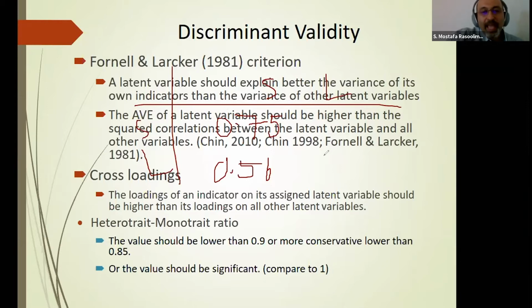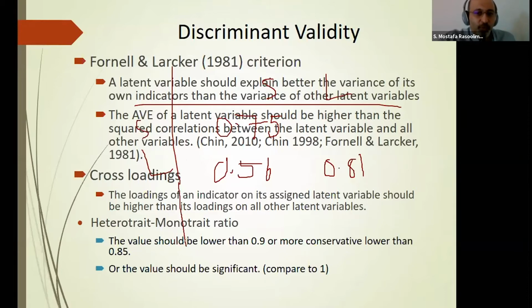And the square root of AVE of loyalty is 0.81. We have to compare the square root of AVE of each construct with the correlation of this construct with other constructs.